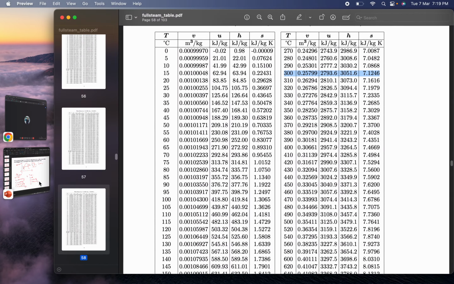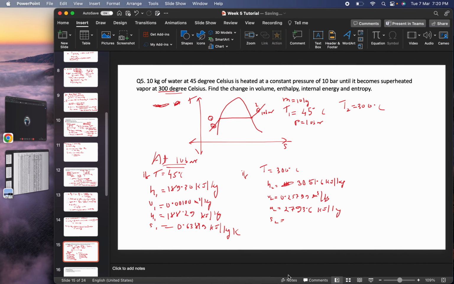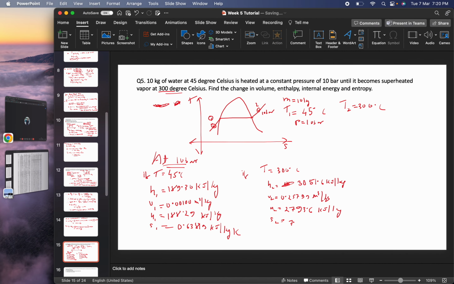Then H is your 3051.6 kilojoule per kg, and then S is your 7.1246 kilojoule per kg Kelvin.